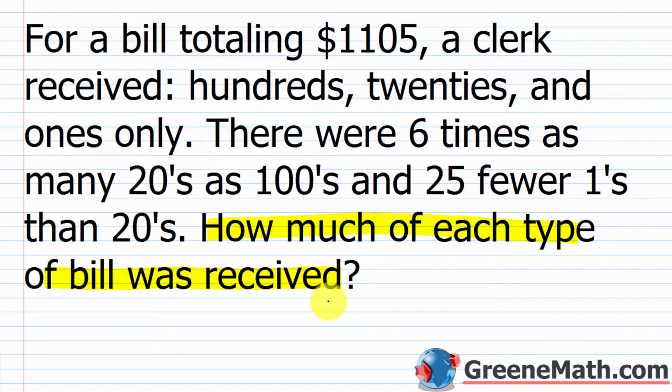So if we say that there were 6 times as many 20s as hundreds and 25 fewer ones than 20s, well then the amount of 20s that were received, or the amount of $20 bills that were received, that's used in each comparison, so it's easiest to just let the variable, like x, be equal to that. So let's let x be equal to the number of 20s received.